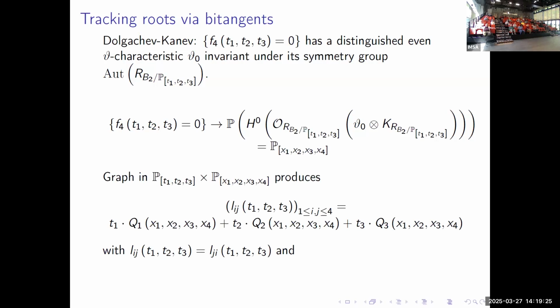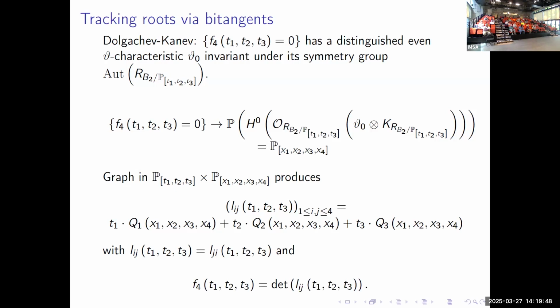No, pencil, net, web. A net of quadrics in P3. They're symmetric. Each of the quadrics is presented as a symmetric matrix.